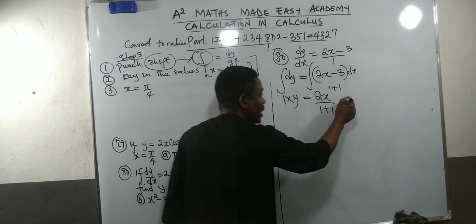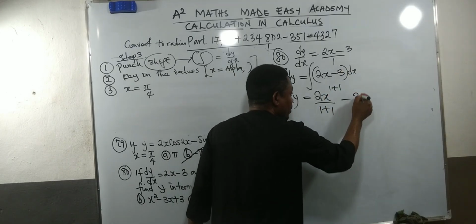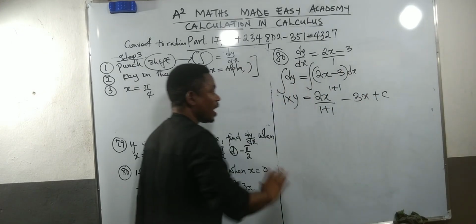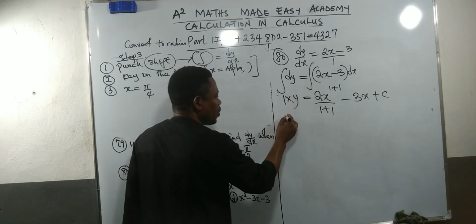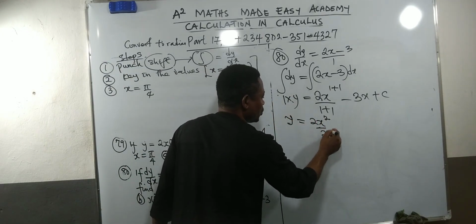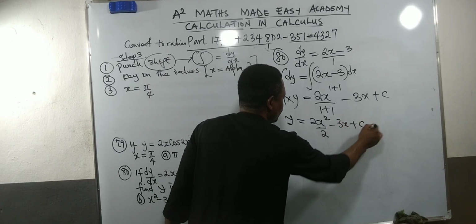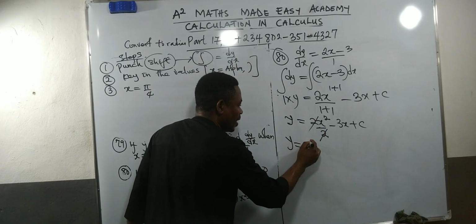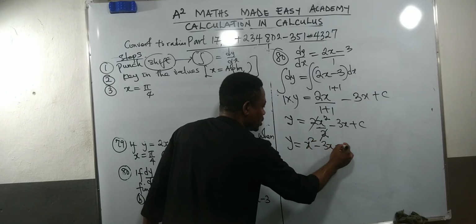Then minus, this is a constant, bring it out and multiply with the variable. Finally, plus C. And that is all. 1 times y will give you y, right? This is 2x to power 2 all over 2, minus 3x, then plus C. 2 will cancel 2. I have with me y is now x squared minus 3x plus c.